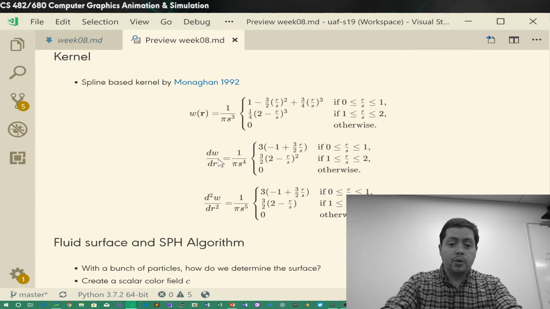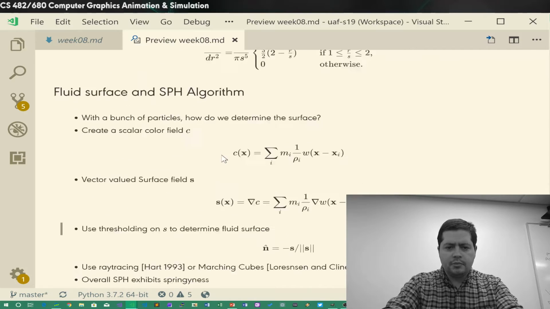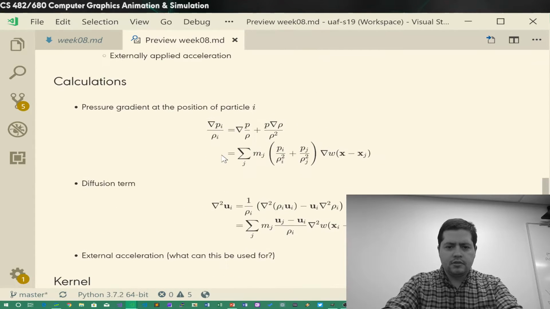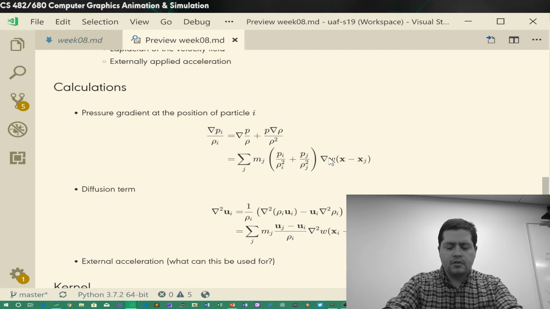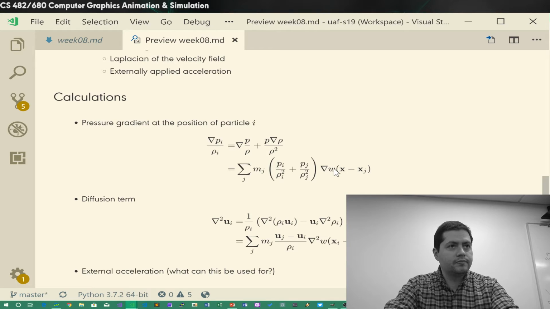So what we have to do here then is the W is going to be our x, y, and z, right? So you notice over here the pressure gradient, we're taking the gradient of W. Okay, so when we take the gradient of W, what does that mean?